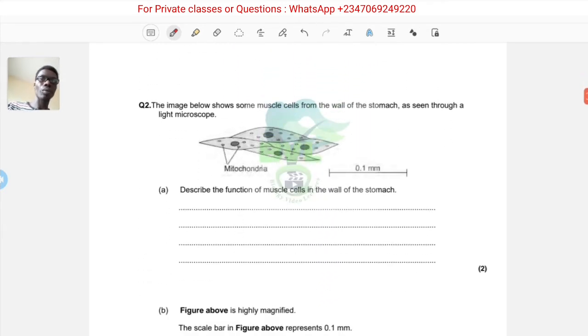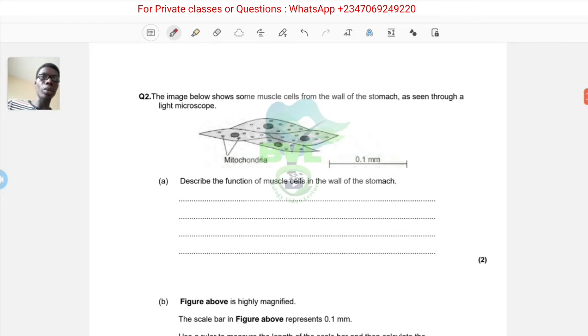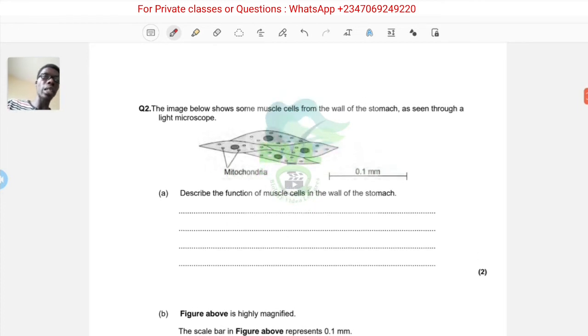Now, it says here, the image below shows some muscle cells from the wall of the stomach as seen through a light microscope. It says describe the function of the muscle cells in the wall of the stomach. All right. So here, this is 2 marks. So I'm going to start by saying that muscle cells contract and relax.